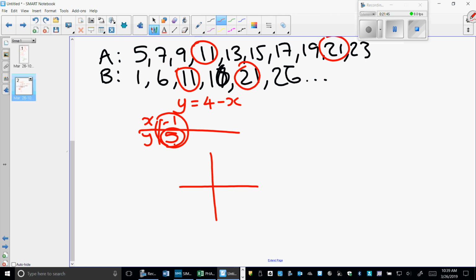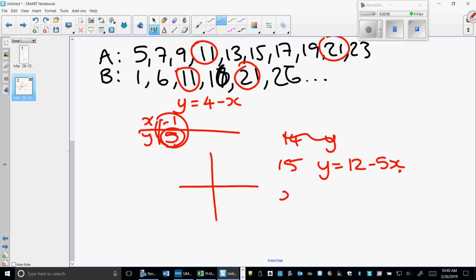So for question 14, the rule was, no, not 14. Where are we? For number 15, the rule was y equals 12 take away 5x. So you could choose any value for x here and substitute it in.